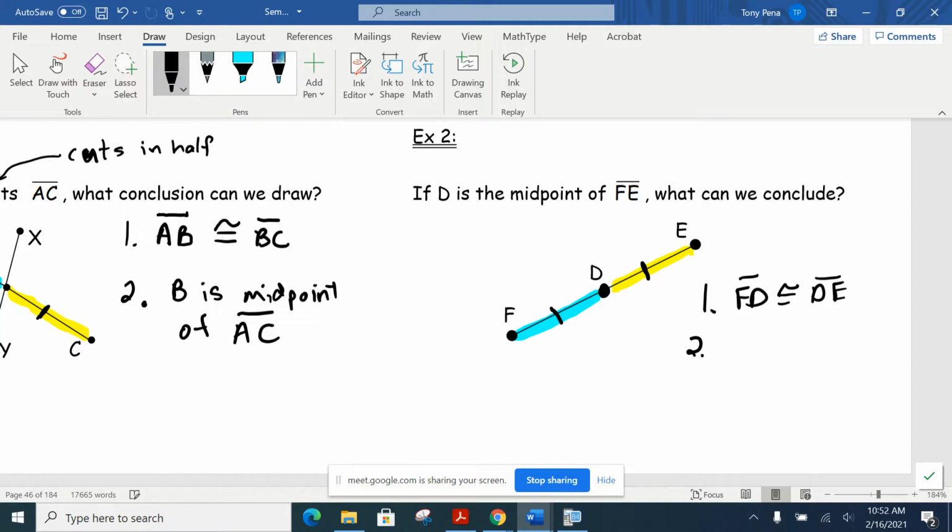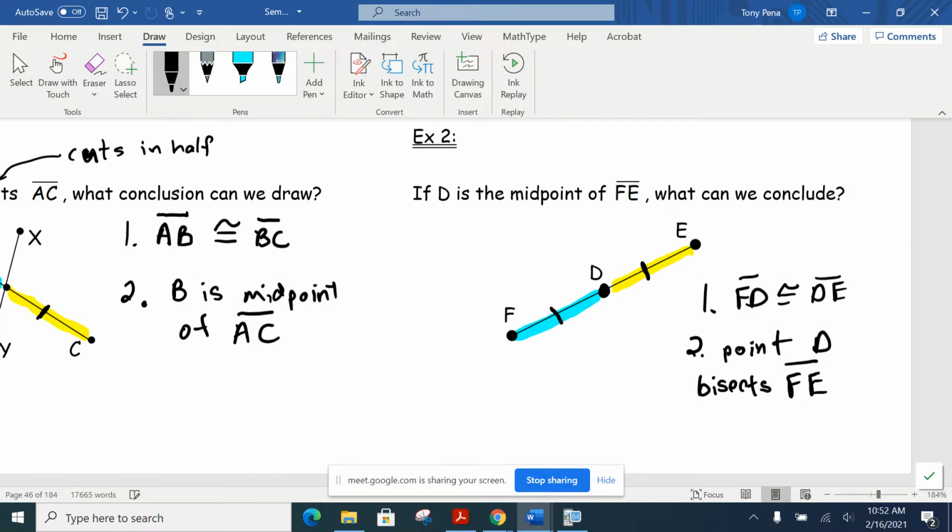And then again, to use our definitions above, what that means is point D bisects the segment FE.